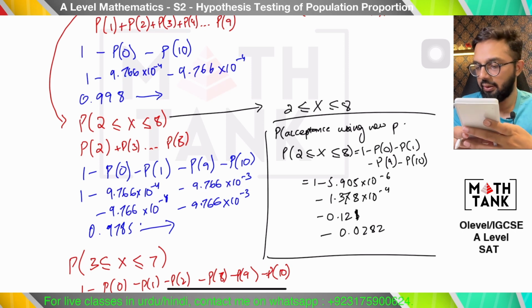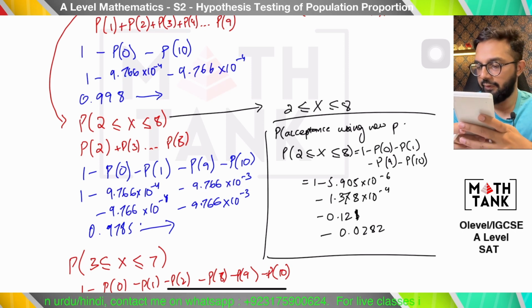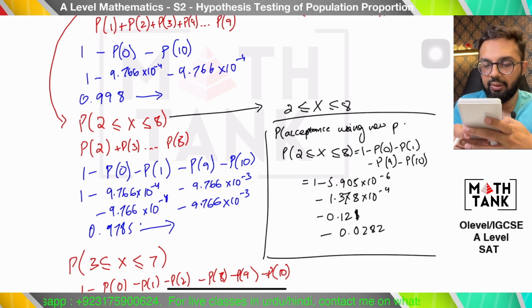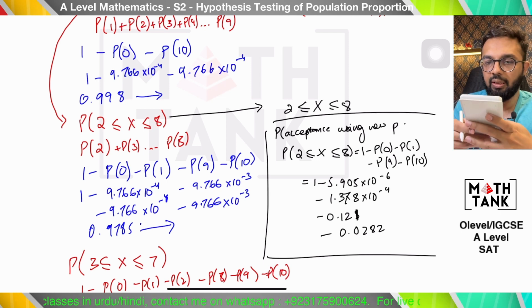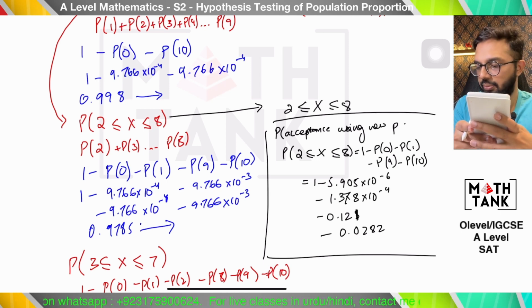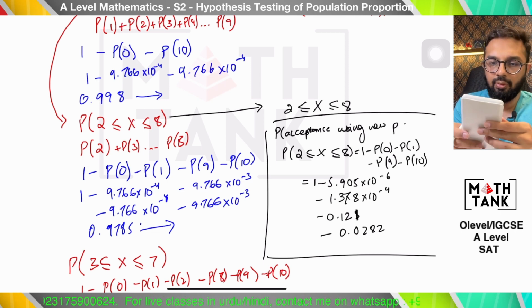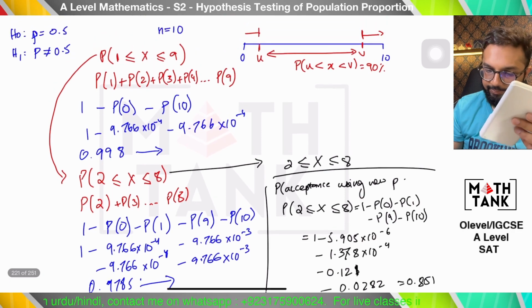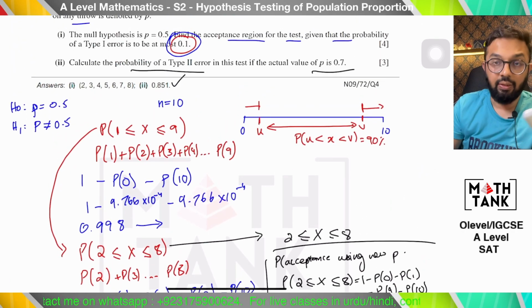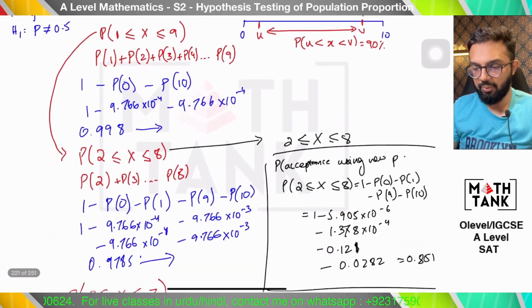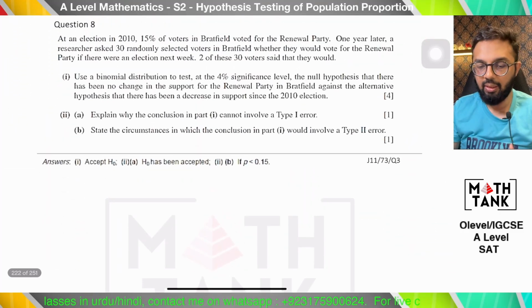Subtract these: 1 minus 5.905 × 10^-6 minus 1.378 × 10^-4 minus 0.121 minus 0.0282. That gives me 0.851. That is indeed the correct answer. Okay, so a long question for 7 marks and a difficult one as well. Let's go on to the next one.